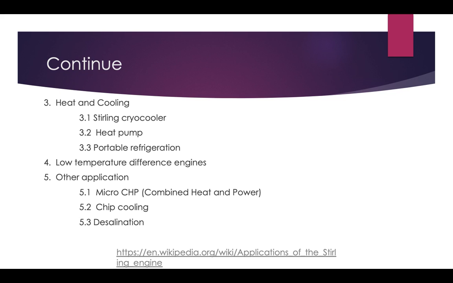Next is heat and cooling. It can be used in Stirling cryocooler, heat pump, portable refrigeration. Another is low temperature difference engines. Some other applications of Stirling engines are micro CHP, chip cooling, and desalination.